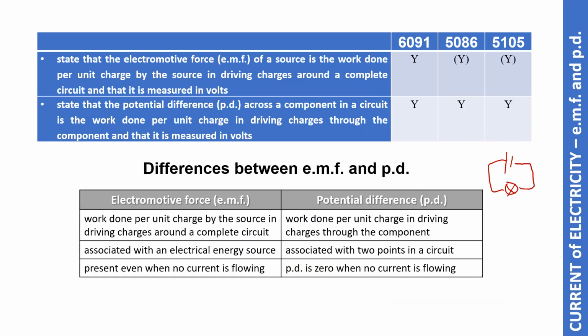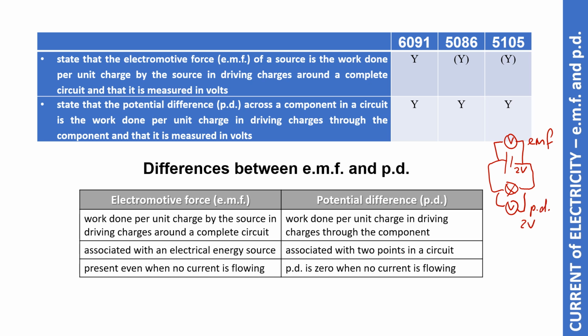All right, to summarize the difference between EMF and potential difference, we can think of it as when you're finding the voltage across the battery or the power source, that is called the EMF. So if this battery is 2 volts, we will say that the EMF is 2 volts. And when you connect the voltmeter across the component, we say the potential difference across the bulb is 2 volts, right?